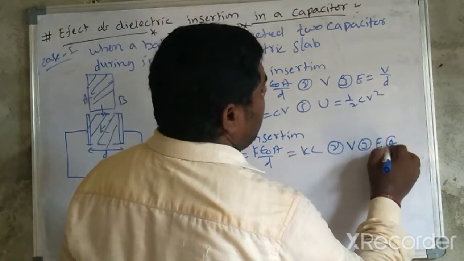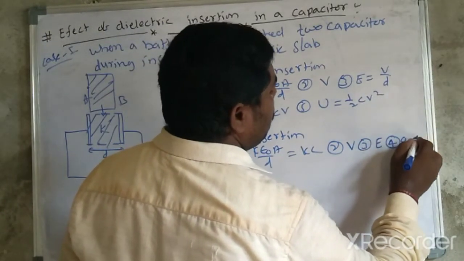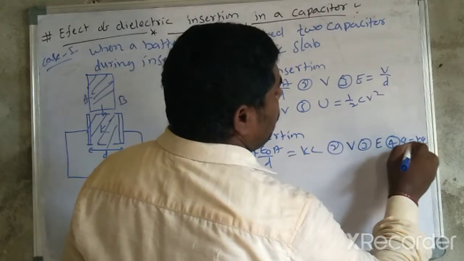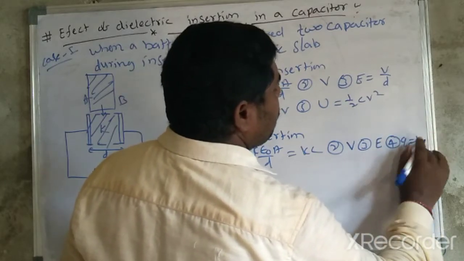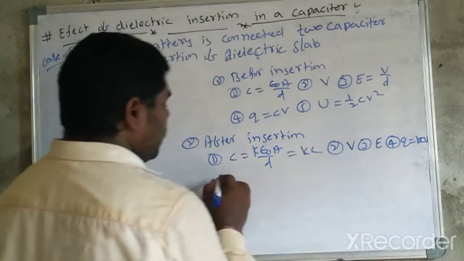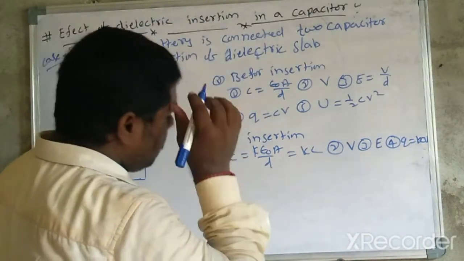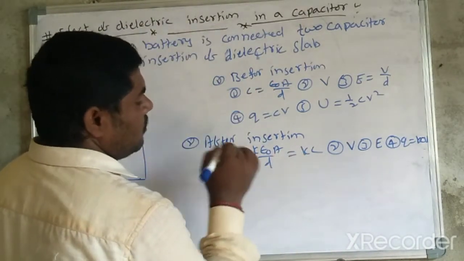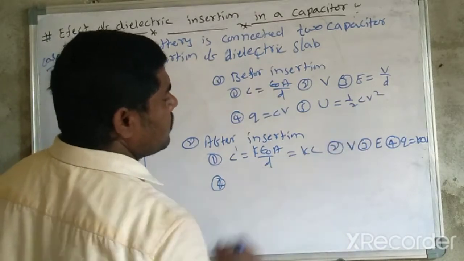Fourth parameter Q is equal to K into CV. Here this is C dash, you may better consider C dash.